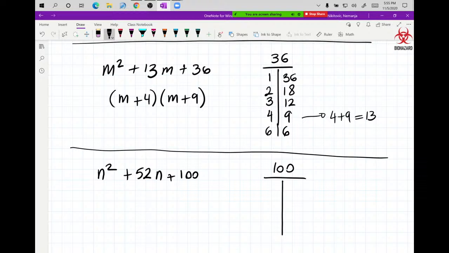I got it. Okay, so what do you have as answers? N plus 2 and n plus 50. Excellent.